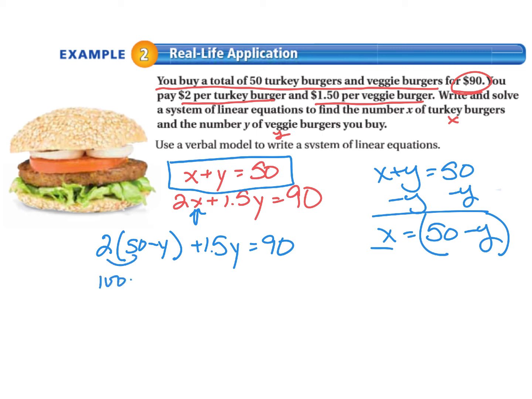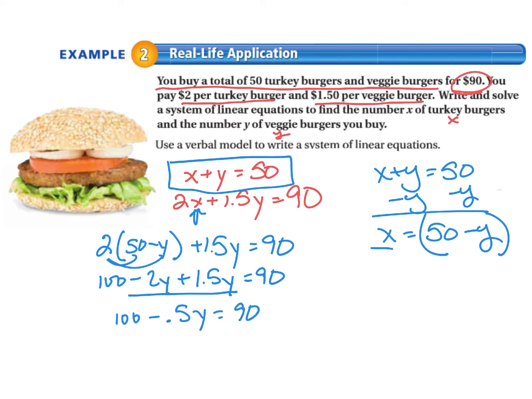Simplify, so I get 100 minus 2y plus 1.5y equals 90. Let's see, so I get 100 minus, and that's, I believe, just a half y equals 90. I'm going to subtract my 100 over here.